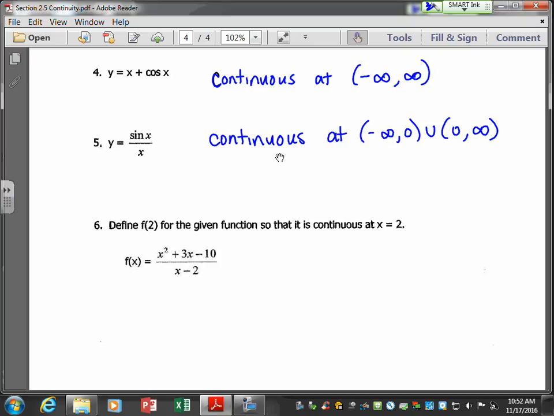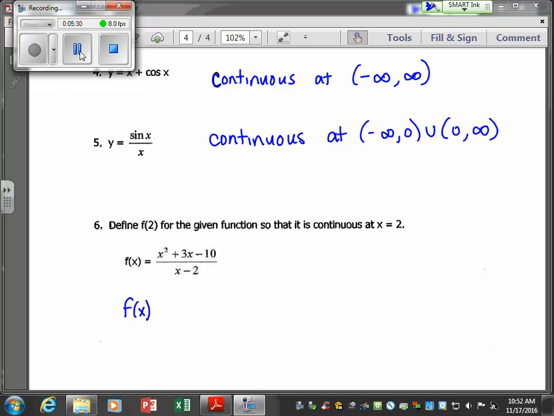Define f of 2 for the given function so that it is continuous at x equals 2. Okay. First of all, let's factor this out and see what happens. Let me pause it and do that.